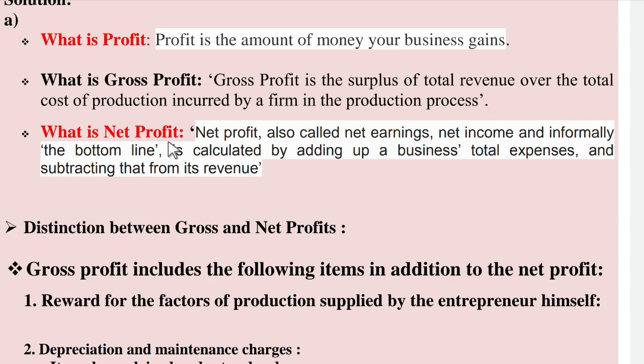And what is net profit? Net profit, also called net earnings, net income, and informally the bottom line, is calculated by adding up a business's total expenses and subtracting that from its revenue.